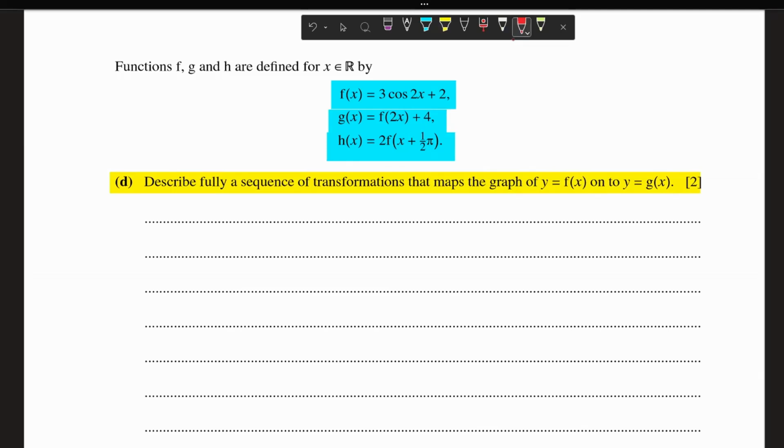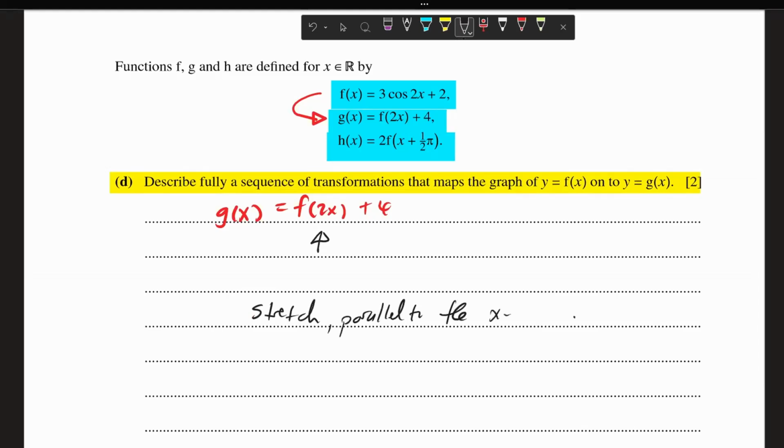All right, so here we are saying that g of x is equal to f of 2x plus 4. So this transformation should be a stretch parallel to the x-axis, factor a half.